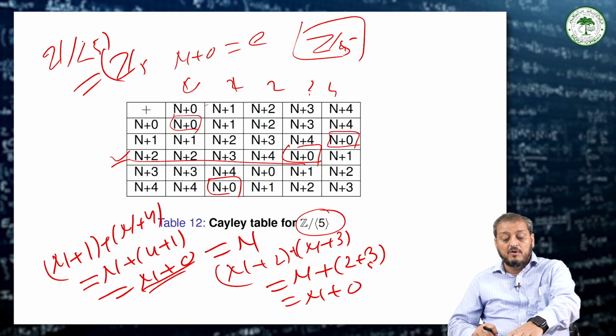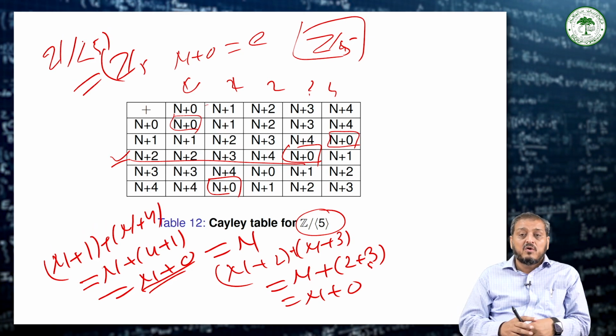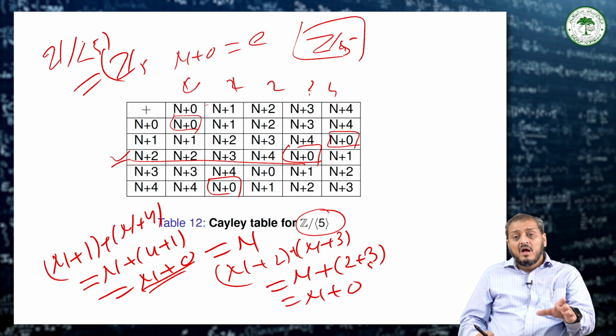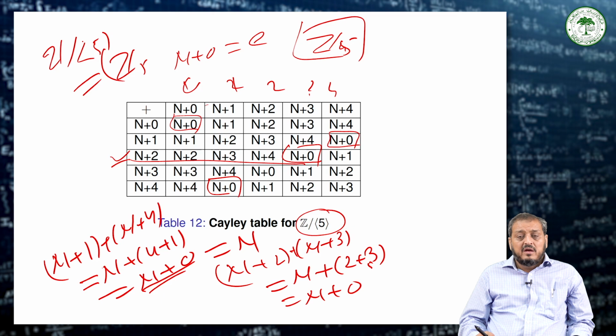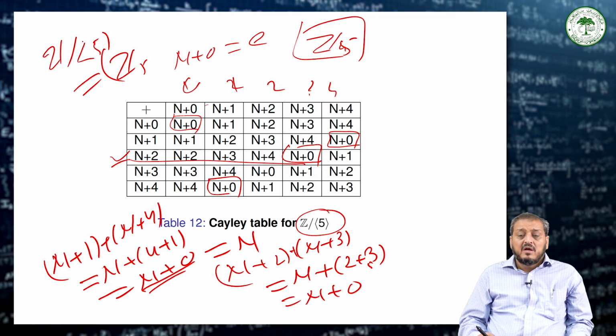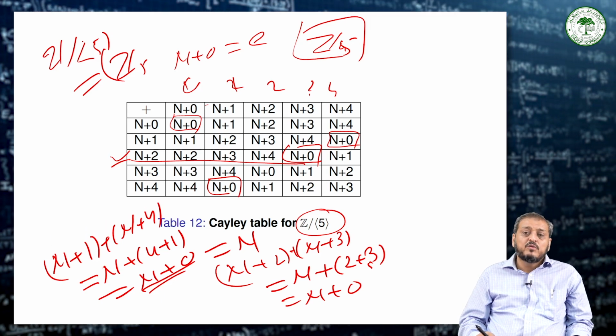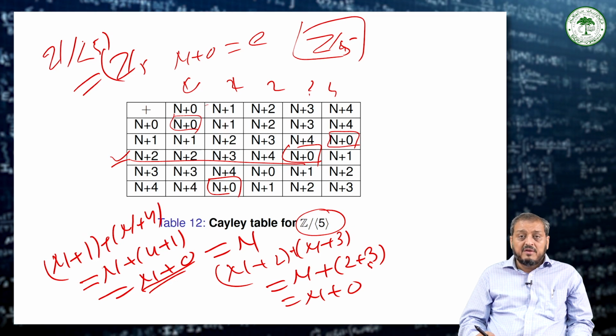This is the complete table representing the quotient group of Z by the normal subgroup generated by 5.